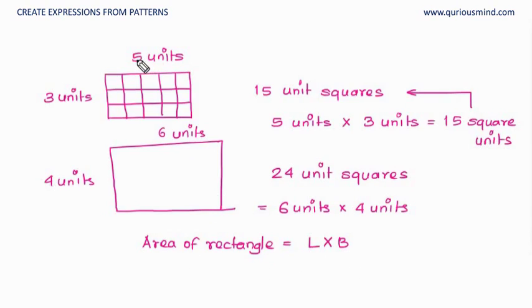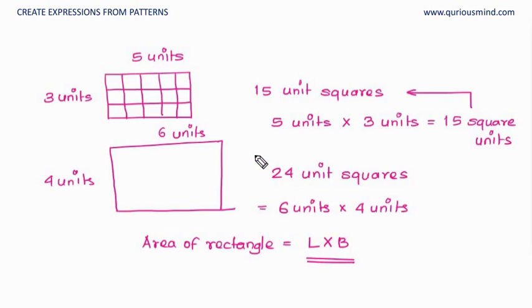If I replace these values, length is 5 units, breadth is 3 units, 5 into 3, 15, I get the area of this rectangle. So thus, this expression L into B became a formula for area of rectangle. And now you can realize that we can create formulas just looking at patterns.